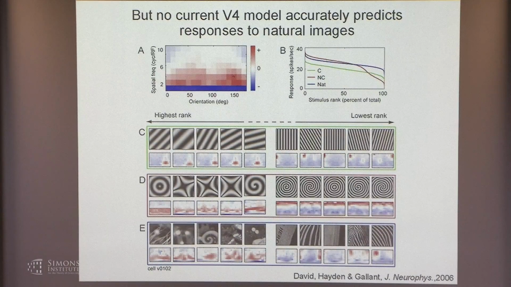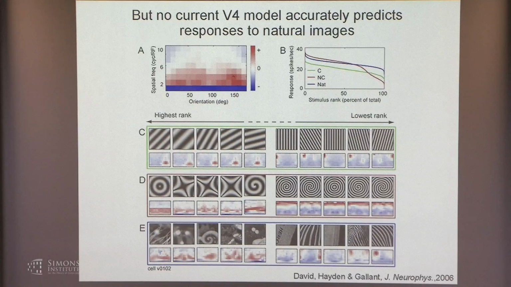Okay, so until recently, this was the best model of V4 out there. And this model of V4 is the stupidest model you could possibly imagine. It says a V4 neuron basically has a tuning curve in the power spectral space of the images. If I measure the power spectrum of the spike triggered average of my V4 neuron, I can take a bunch of images, calculate their power spectrum, and essentially dot it with the receptive field and come up with an ordering of images and preferences for this V4 neuron.